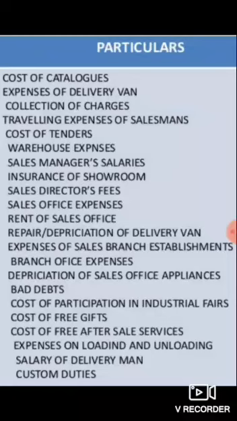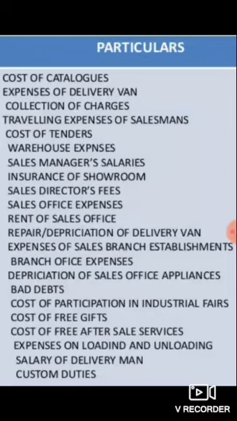And branch office expenses include power, electricity, water, the home guard, security guard. So those are expenses of a branch. Those are added under selling and distribution expenses. Depreciation of sales office appliances, so if they are using air conditioning or anything else, their depreciation.